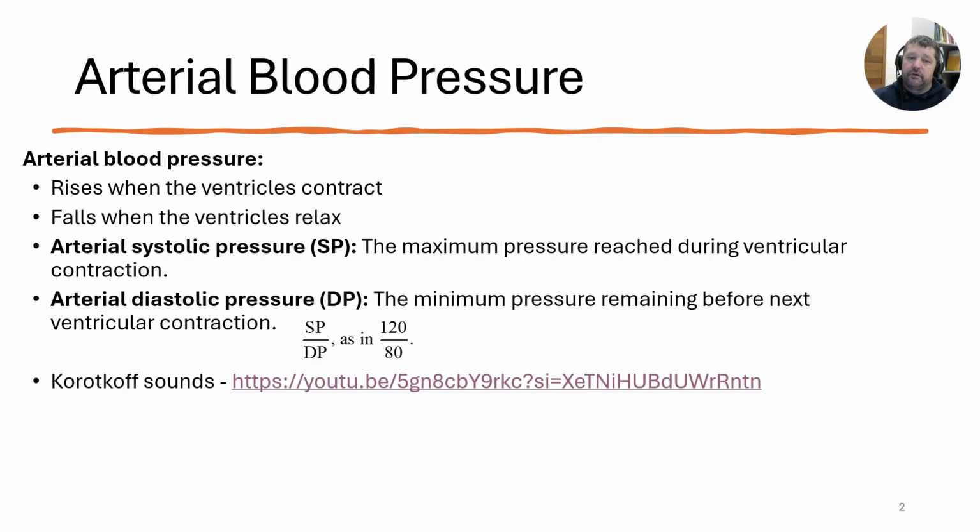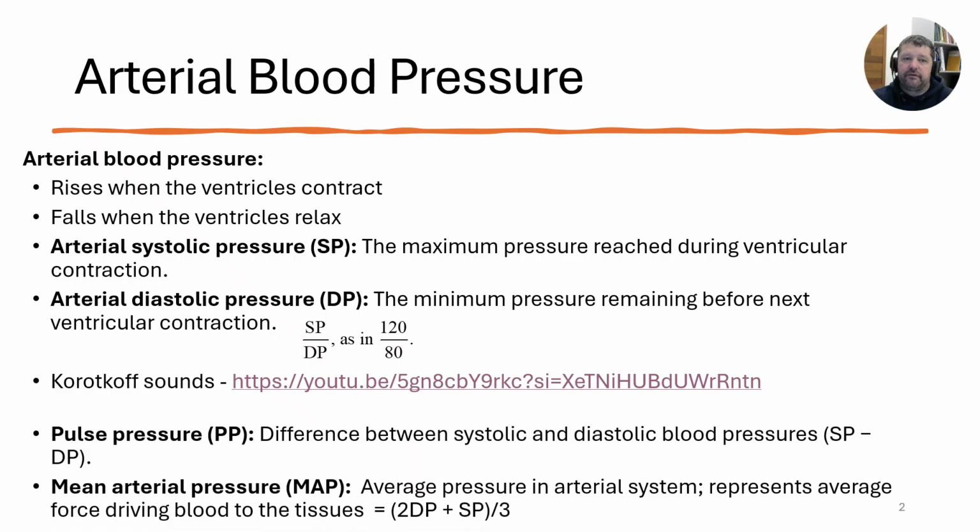That can be determined by Korotkoff sounds, as many of you who have used a blood pressure cuff with a stethoscope have heard in lab. If you haven't and you want to hear the sound, you can click on this link. If I click on this link, it'll end the video, so we'll just move on.